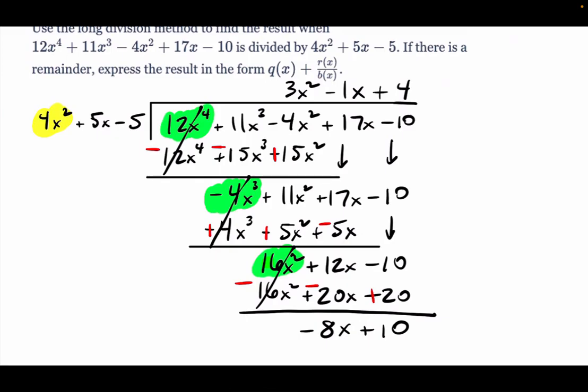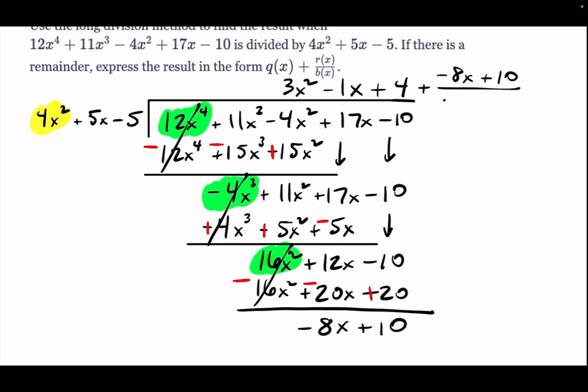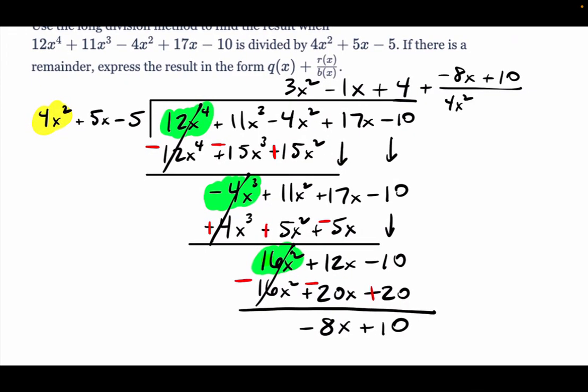So we're going to say plus the remainder. We put negative 8x plus 10 on top, and you put the divisor on the bottom. The divisor is the guy in front: 4x squared plus 5x minus 5.